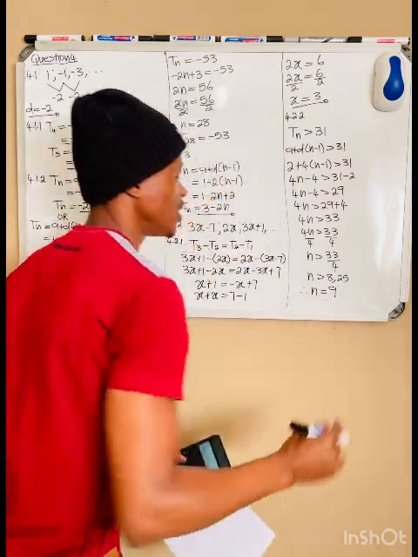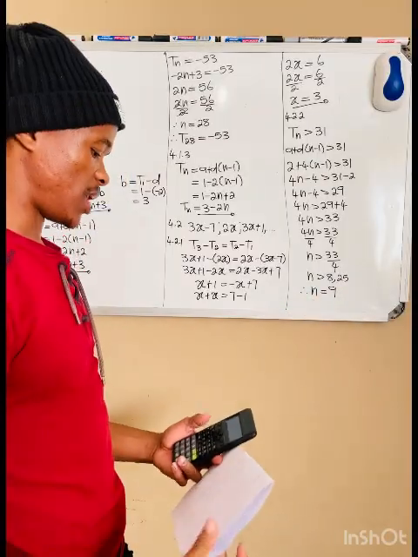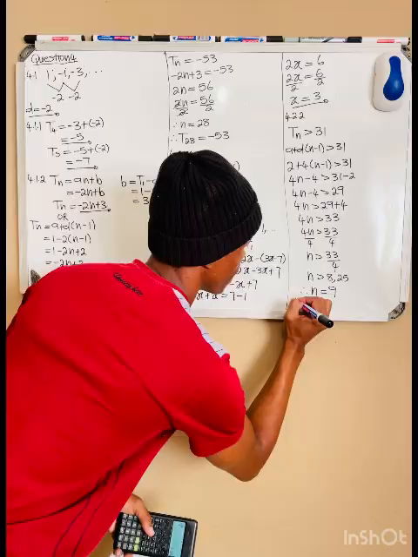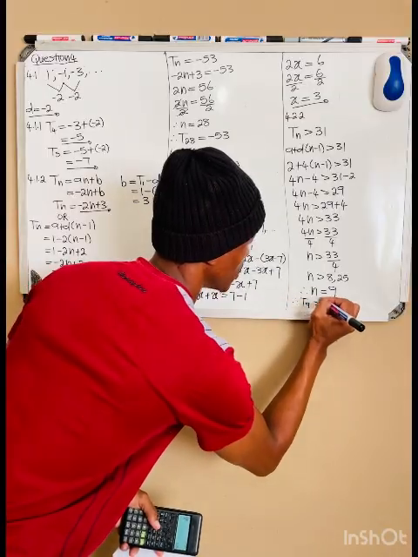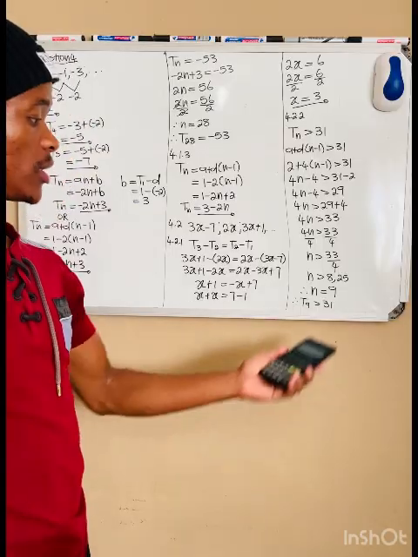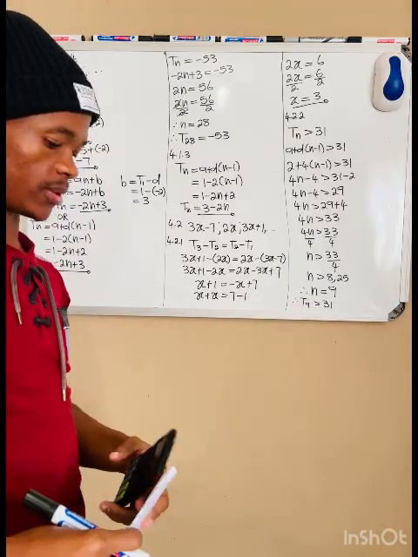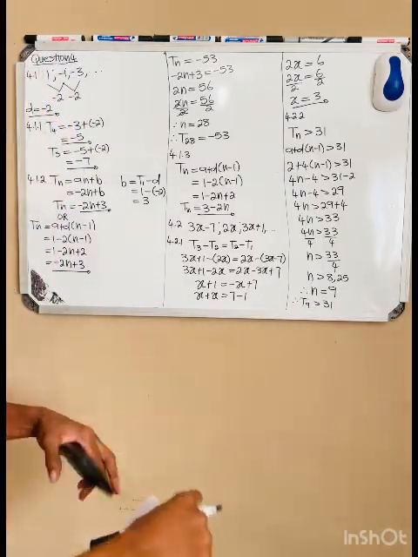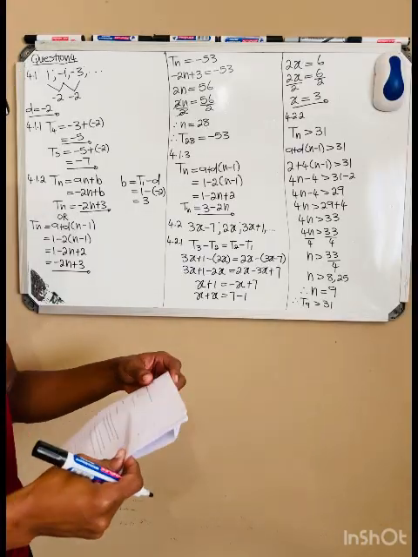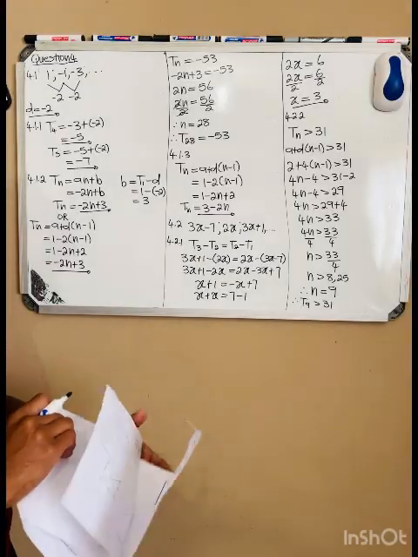So therefore, T9, term number 9, is the first to be greater than 31. Even if you substitute, you'll see T9 is greater than 31. I hope it's clear, which brings us to the end of question number 4.